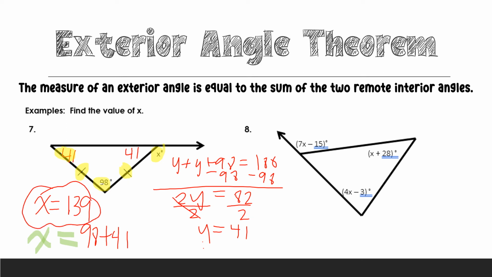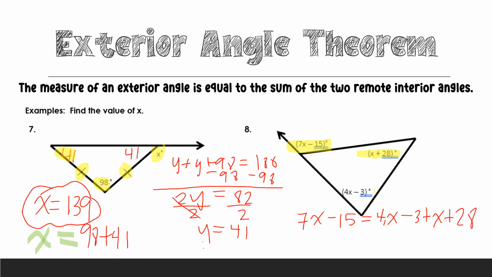All right, and then our last example, again, the exterior angle theorem says that this exterior angle will equal the sum of these remote interior angles, the ones that do not touch that angle. So this one has a lot of x's, so we've got 7x minus 15 will equal 4x minus 3 plus x plus 28.